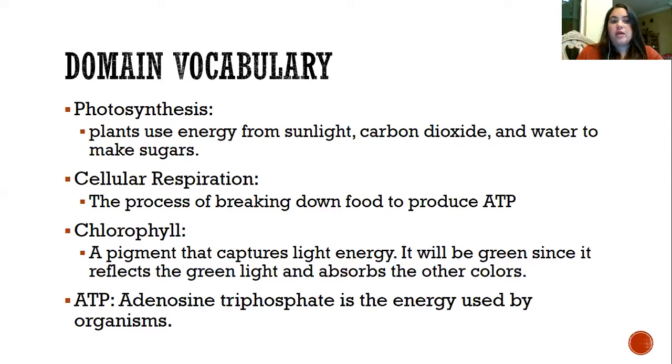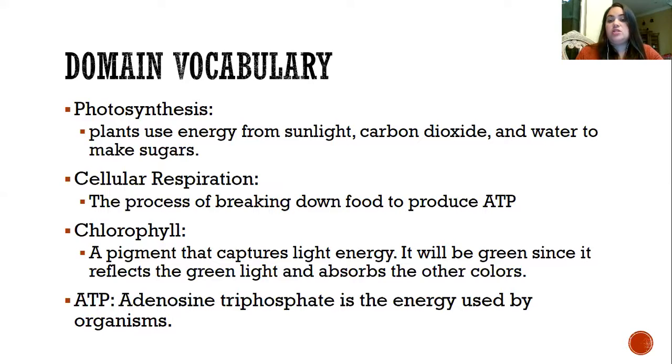Our domain vocabulary for this unit is photosynthesis, cellular respiration, chlorophyll, and ATP. ATP is a type of energy that is released when the last phosphate of this molecule, adenosine triphosphate, breaks off, creating an explosion of energy.